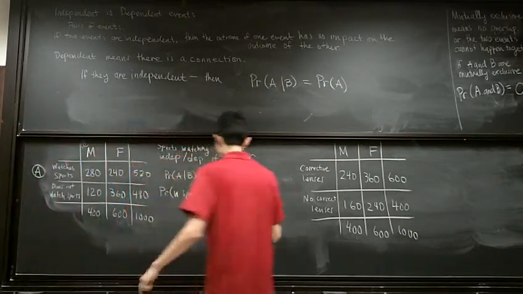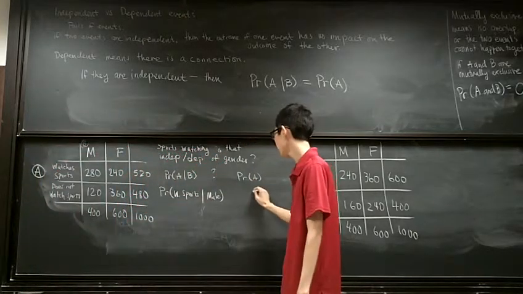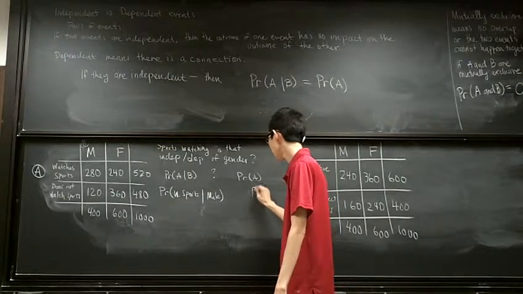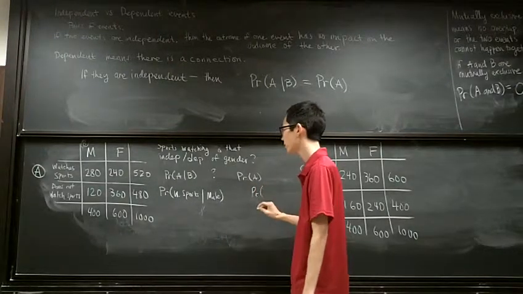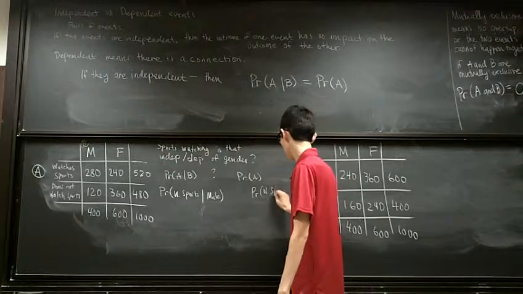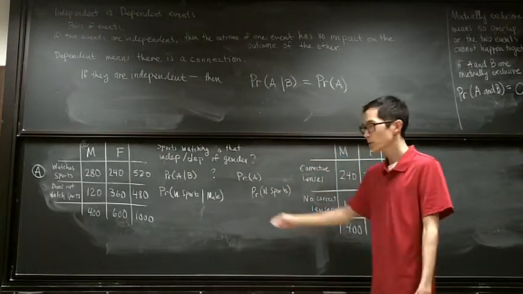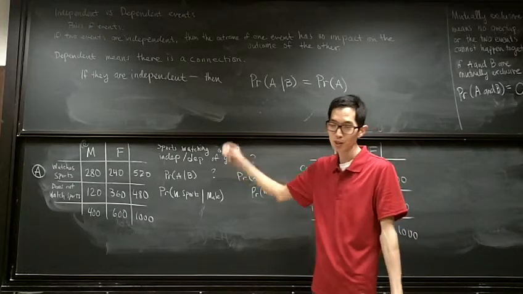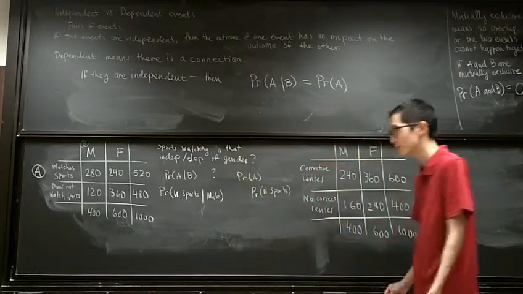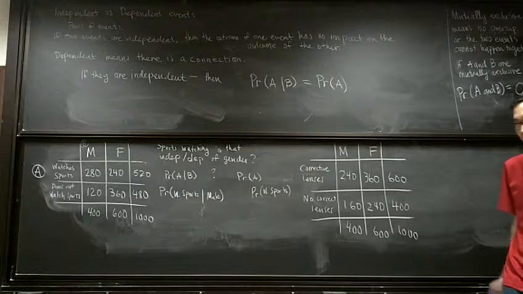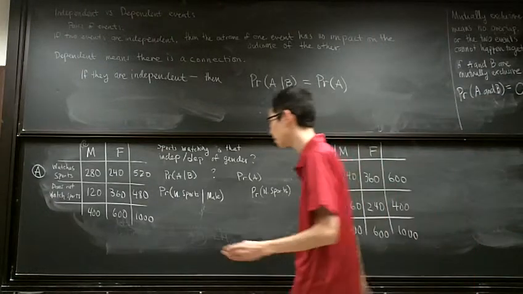And if they are independent, we want to check to see if it is equal to the probability of just watches sports. Well, you have the table, so you can just go with the table style answer rather than trying to do all the formulas, okay?